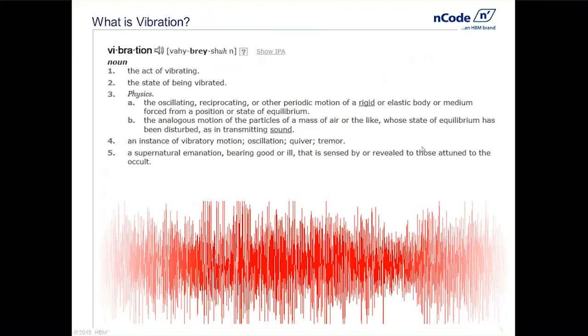So the next question is, what is vibration? And for most of us on the call, being of a technical background, a lot of engineers here, we would probably gravitate towards number 3A, where we would describe vibration as something that is oscillating, reciprocating, or something that has periodic motion.